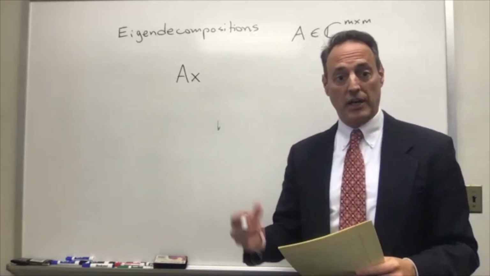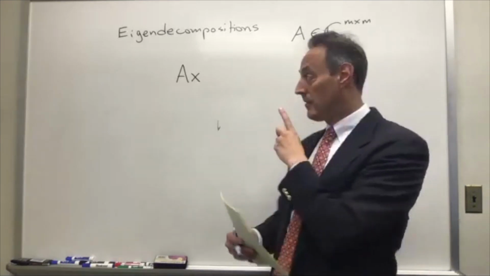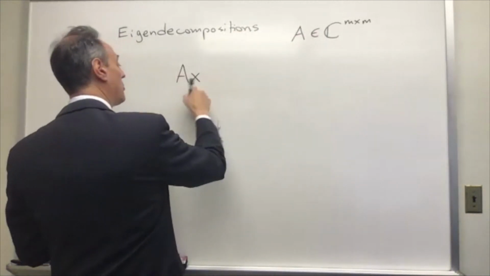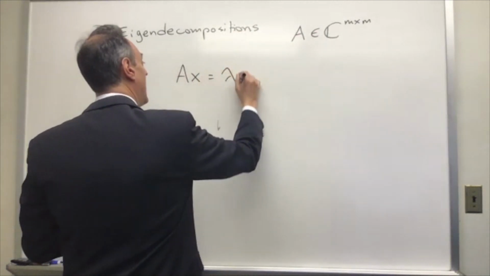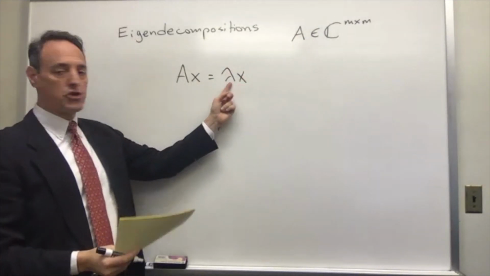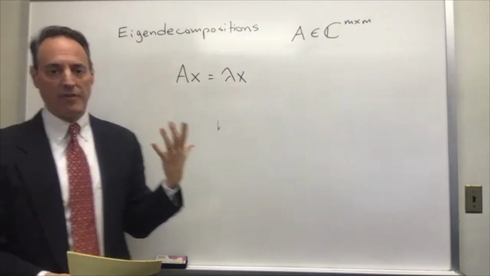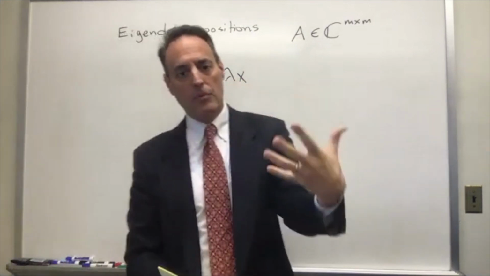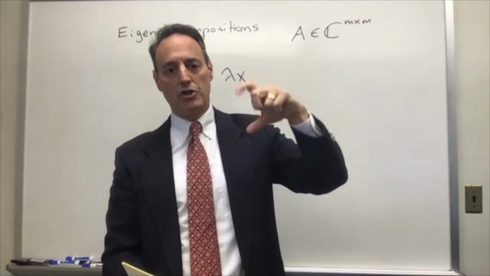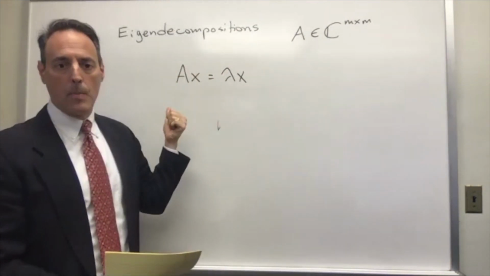Rotation and stretching. There is a certain set of x, however, where you could multiply this, and what you get back is the same vector stretched or compressed by lambda. So these are very special vectors. In other words, when I hit it with the matrix A, it doesn't rotate it. It just simply stretches or compresses the vector by lambda.